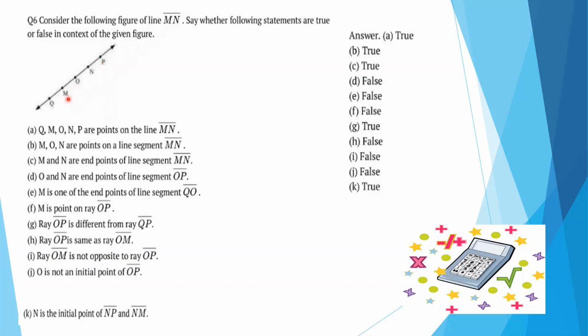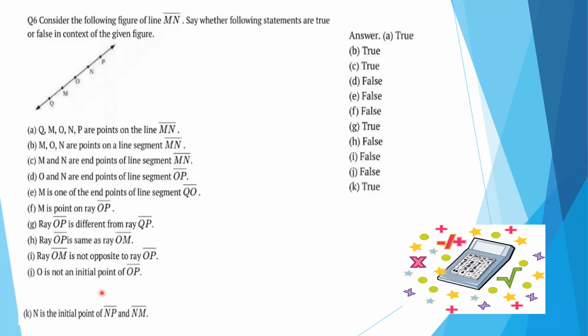No, false. Ray OP is on the upward side, ray OM is on the downward side. So these are not the same. Ray OM is opposite to ray OP. So this statement is false.